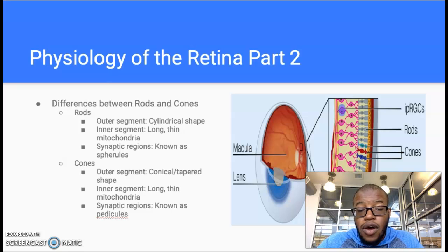The cones, however, their outer segment differs from the rods, where it is conical and tapered shaped. The inner segment, though, is the same as the rods, where its mitochondria is long and thin, but the synaptic regions are not known as spherules but as pedicules.